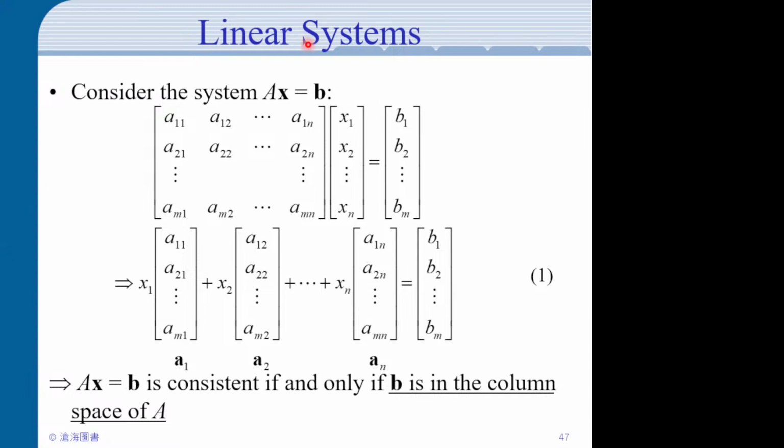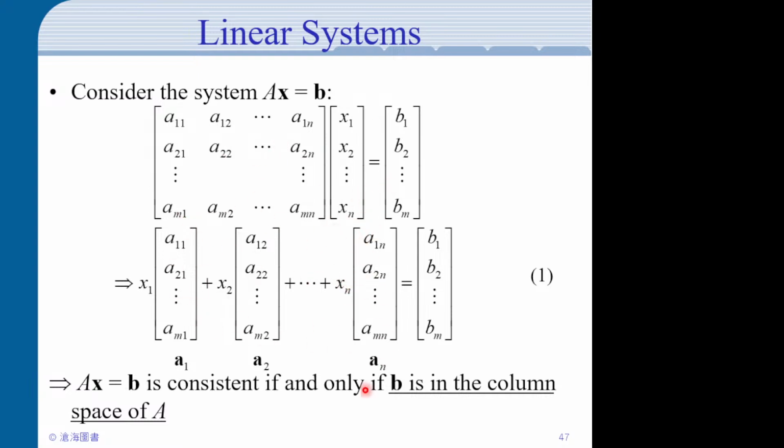Column space tells us something about the linear system AX equal to B. One thing that's very obvious is that, as we said always, AX can be seen as a linear combination of the columns of A. So AX can be written as x1 times the first column, plus x2 times the second column, all the way to xn times the nth column.